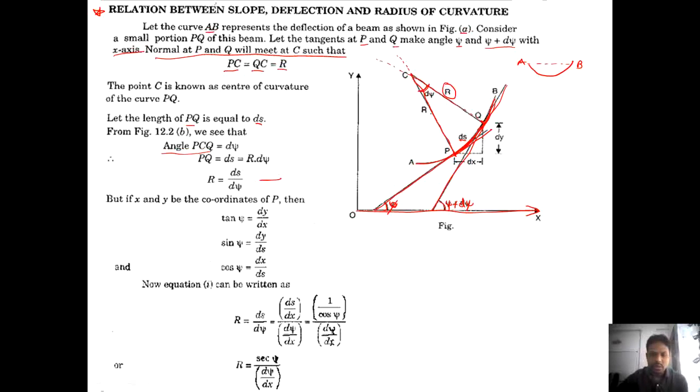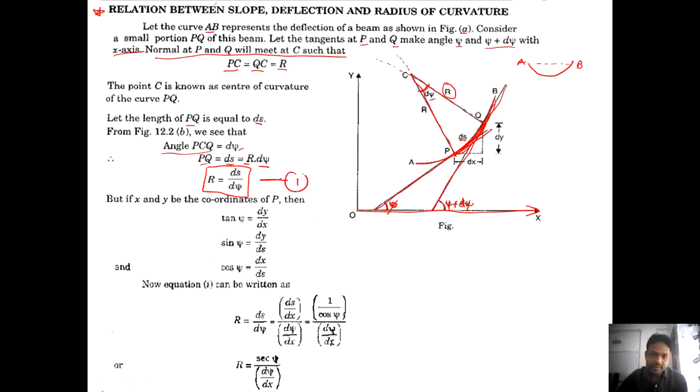So if angle PCQ is taken as del phi, then PQ equal to ds equals radius into angle. The angle is del phi, the radius is R. So the arc length of this sector will be radius into angle, R into del phi. So R equals ds by del phi. So we got a relation for the radius of curvature.